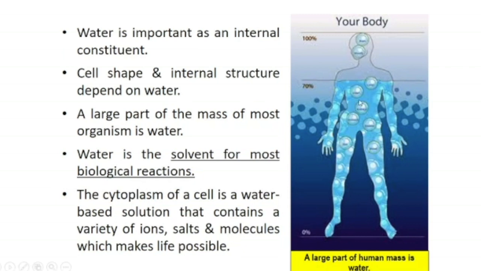Up to 60 to 70% of the human body contains water. Most importantly, water is the solvent for most biological reactions that take place in the body. The cytoplasm of a cell is a water-based solution that contains a variety of ions, salts, and molecules which make life possible.